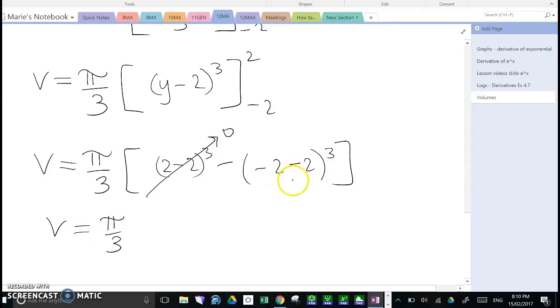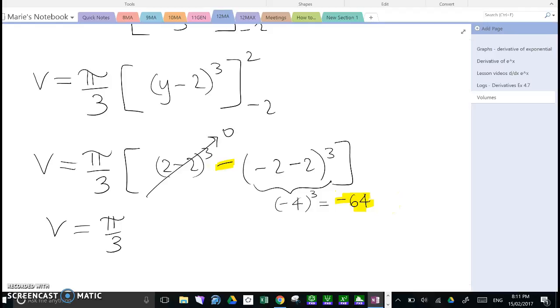What's minus 2 minus 2? Well, that's minus 4. Cube that. So this here, that's going to be minus 4 cubed, which is minus 64. But then there's a minus in front of it as well. See, we've got to pick up this minus. So we've got a minus this.